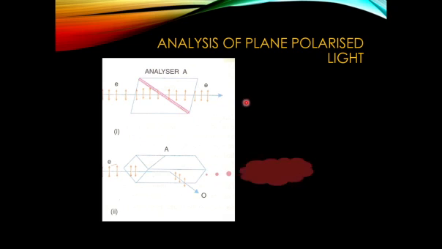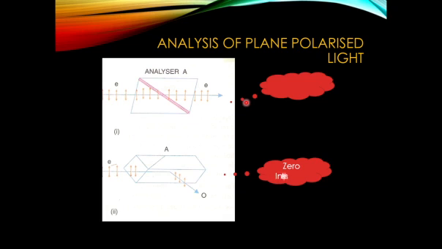We expect a maximum intensity. And if the light is incident on the analyzer in such a way that it is perpendicular to the transmission axis of the analyzer, then we won't get any emergent light. That means we get zero intensity.